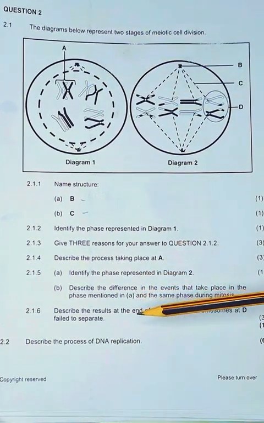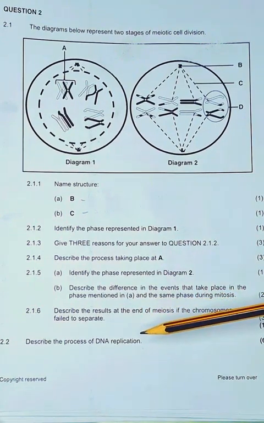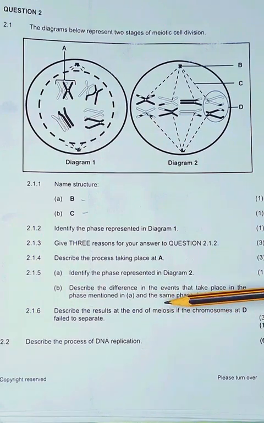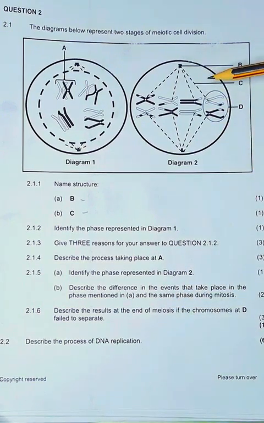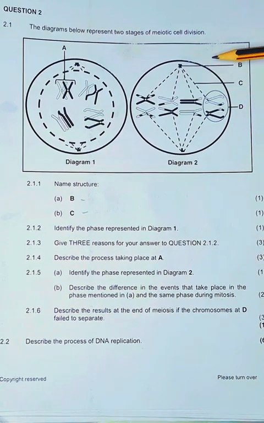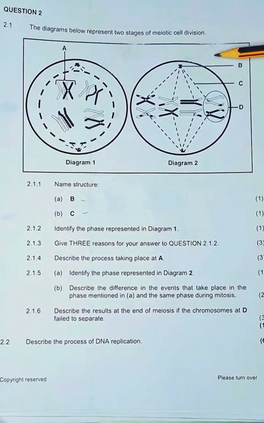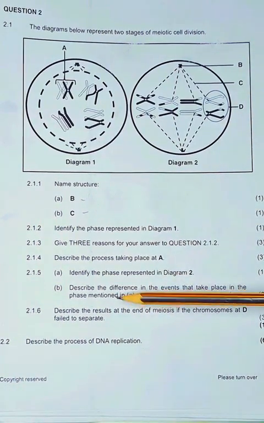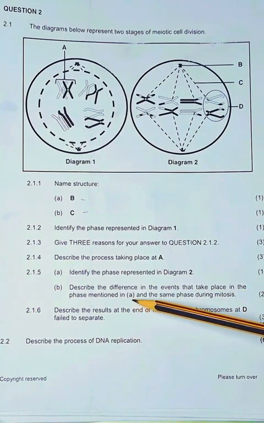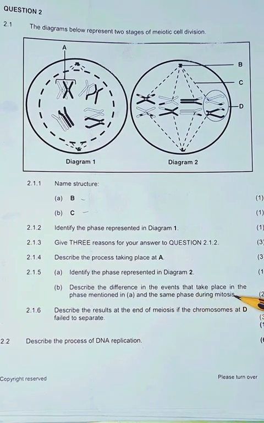Now question 2.1.5 says, number A says, identify the phase represented in diagram 2. We already mentioned that the phase that is taking place in diagram 2 is metaphase 1 of meiosis 1. Then number B says, describe the difference in the events that take place in the phase mentioned in A and the same phase during mitosis.